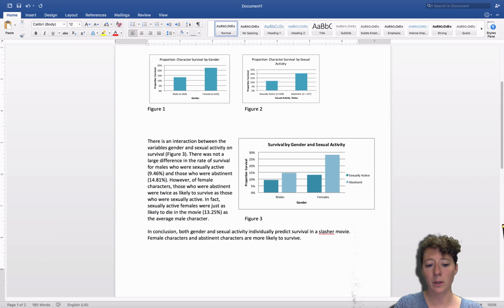So it's not just that female characters and abstinent characters do better in a slasher film. We see that the effect of sexual activity on survival is dependent on gender.